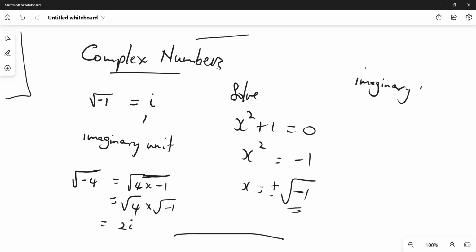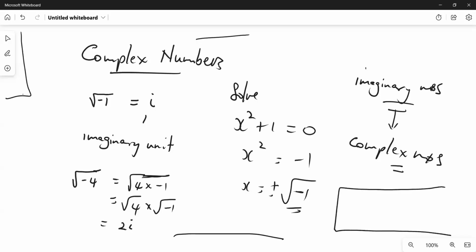And then they built on that and said, look, let's hatch another set that is even bigger than that. We call them complex numbers.